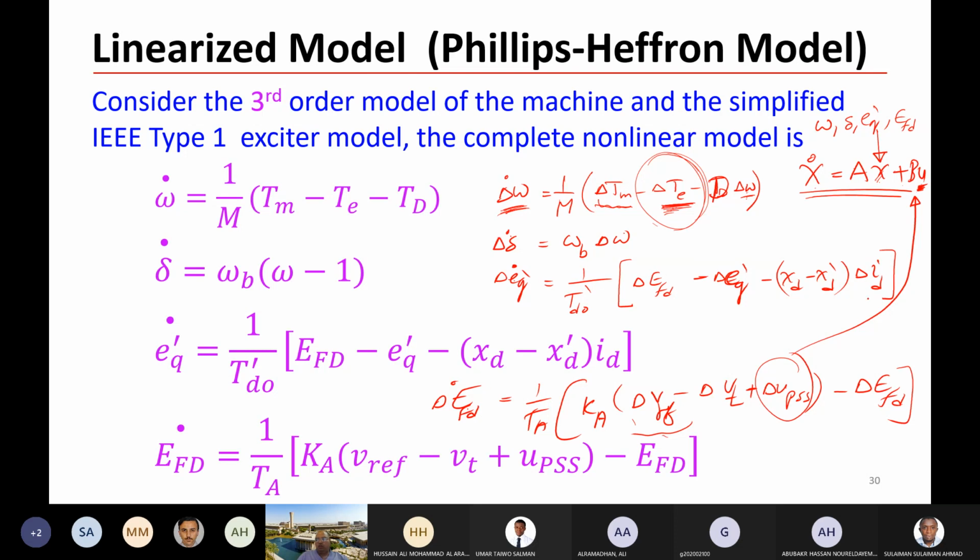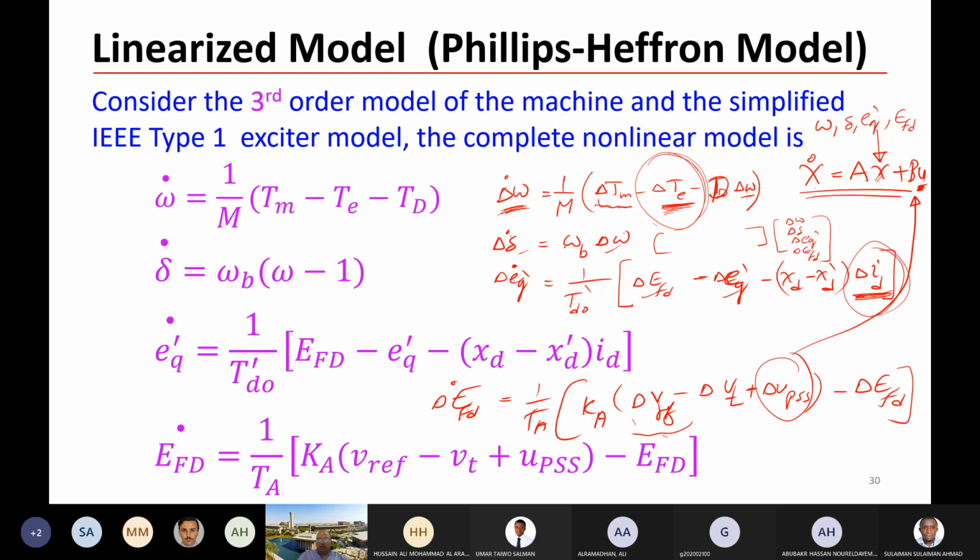We also need to replace delta ID, and ID is not a state. So this is a state, and this is also another state, that's fine. You can have here delta omega dot if you want to express it in terms of the states: delta omega, delta EQ prime, and delta EFD.